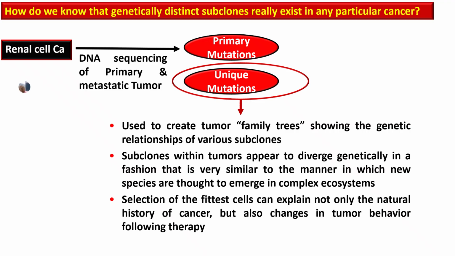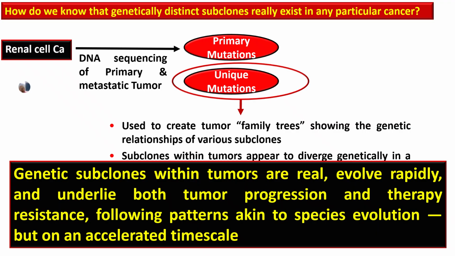So effective treatment acts like a Darwinian filter. Sensitive clones die, but resistant subclones survive and expand. Recurrent tumors are often resistant to the original therapy, and this resistance arises not because the therapy causes mutation, but by selecting pre-existing resistant clones.